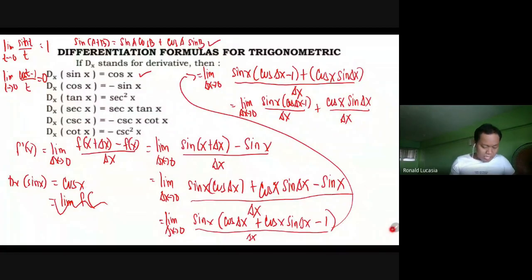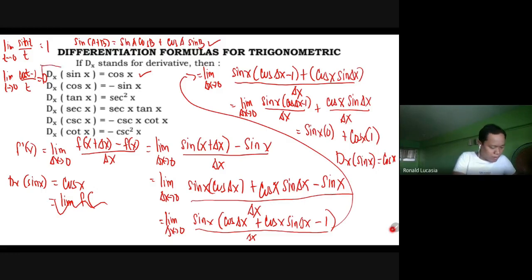So assuming that t is equal to delta x, you will be left here with sine x times 0, plus cosine x times 1, which gives you that the derivative of sine x is equal to cosine x. So this is what we get. And if we follow the same process, we get that the derivative of cosine x is negative sine x, same with tangent x, secant squared, and so on and so forth.